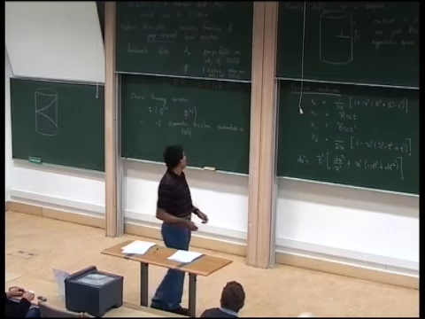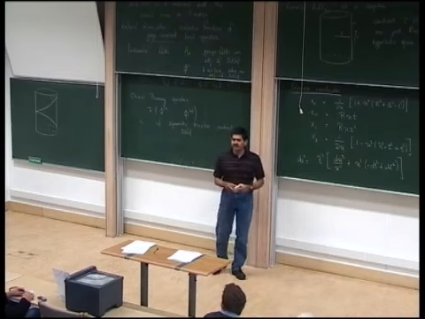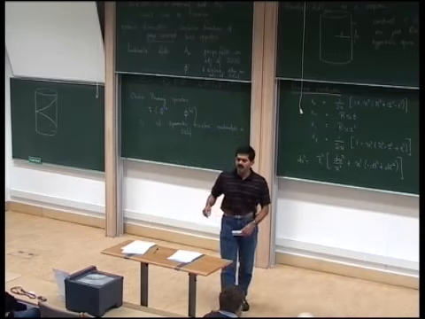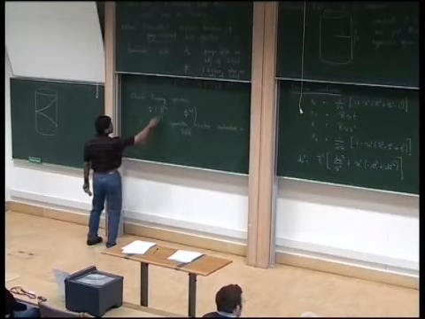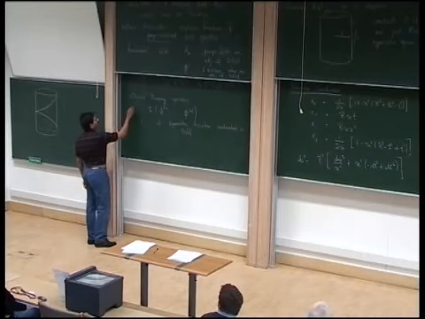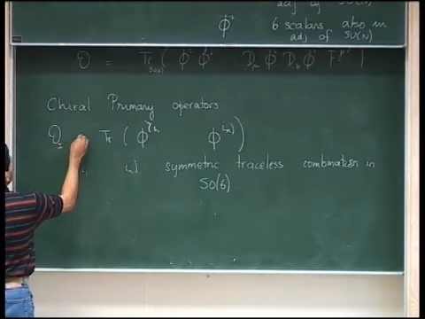Okay, so that was the field theory part of what I wanted to say. So we want to be able to calculate the following objects. So we have these operators, let me give it some label, O_I.